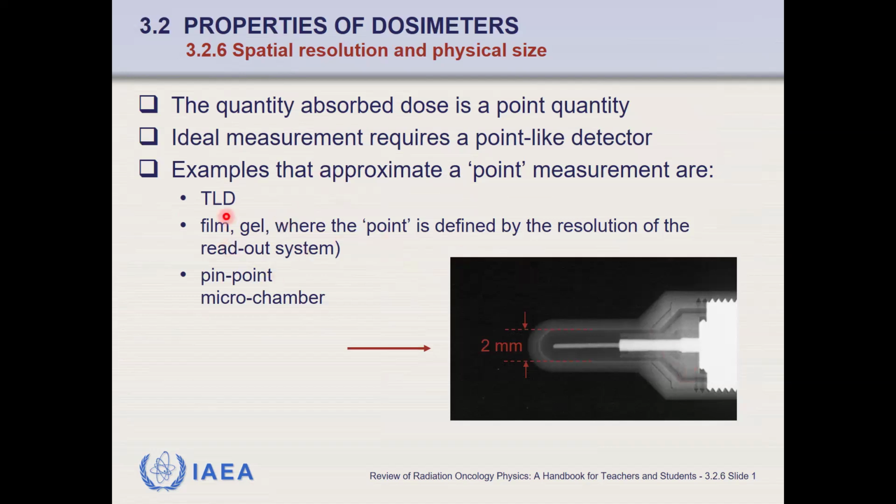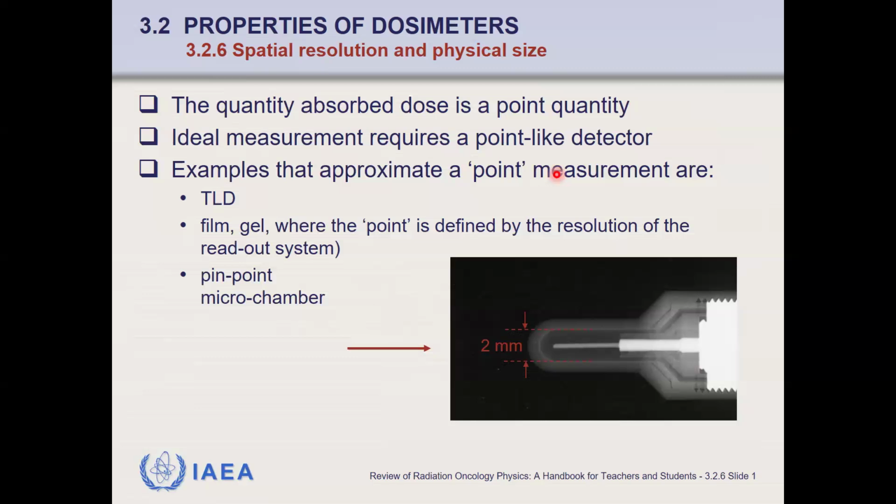Or we can talk about systems, for example TLD, that approximate a point measurement. We have TLD, film and gel systems, and pinpoint microchamber systems. TLD is a thermoluminescent dosimeter. TLDs are small crystalline detectors that can approximate point measurements.